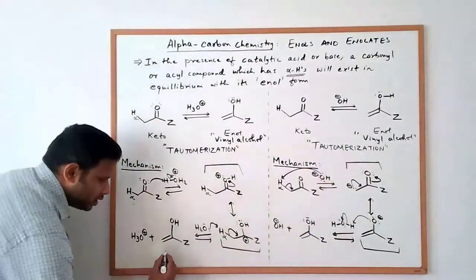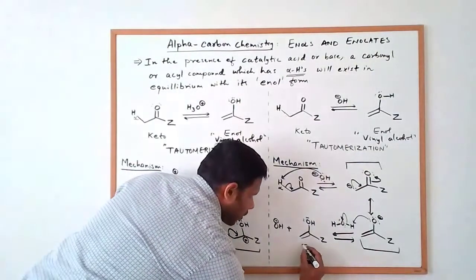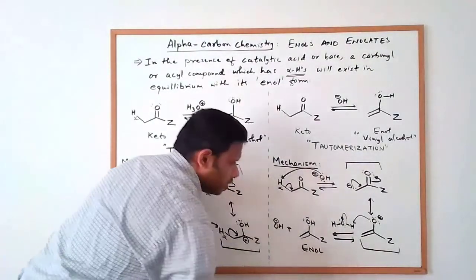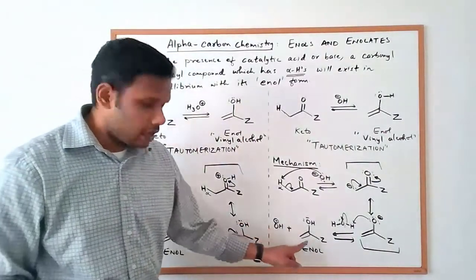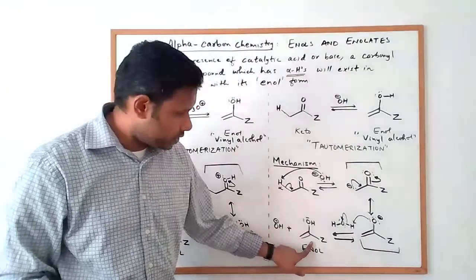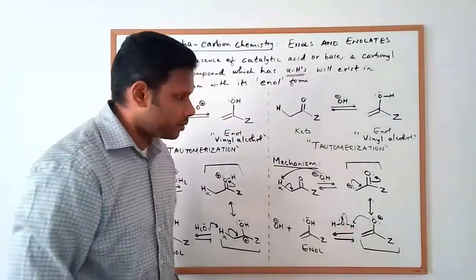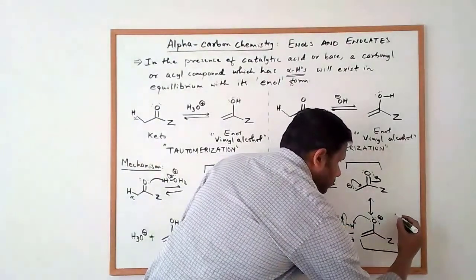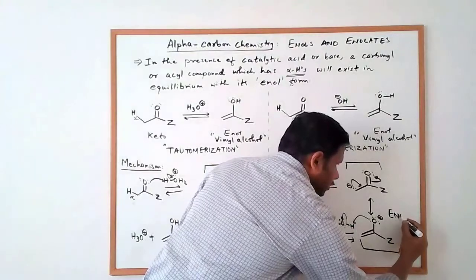So we make the enol under the acidic conditions. We can also make the enol under basic conditions. Now, the conjugate base of the enol, which is when you remove that proton, and that's this structure here, is called the enolate.